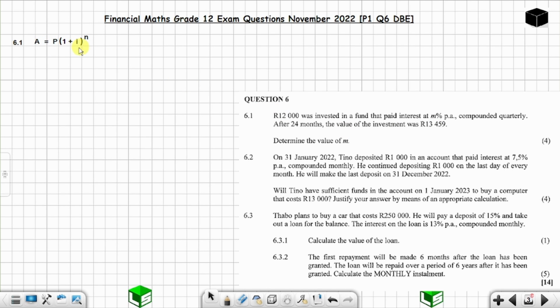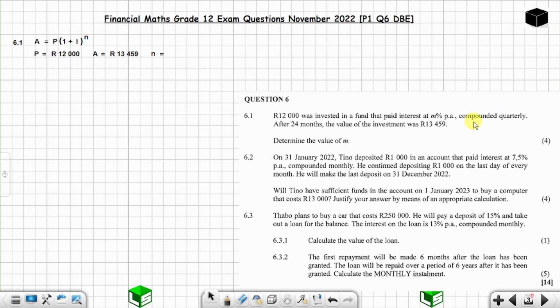So your initial amount is 12,000. This is P. P is equal to 12,000, and your final amount is 13,459. The final amount is A. Another piece of information is N is equal to 24 months. You can see we have compounded quarterly.